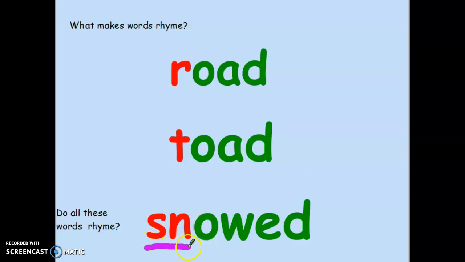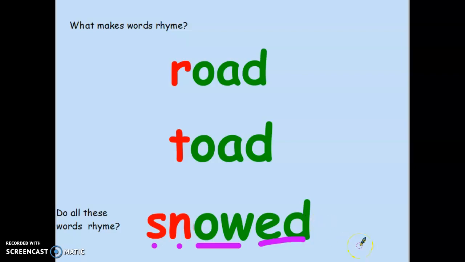We've got s, n, o, d. Snowed. Let's have a listen. Does it rhyme with road and toad? Snowed. Yes, it does. So well done if you said that snowed does rhyme with road and toad.